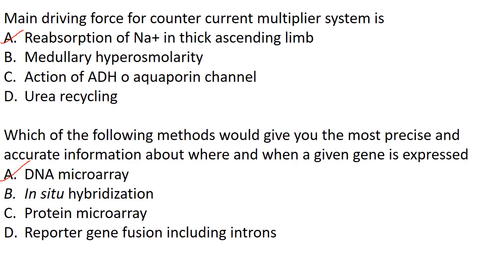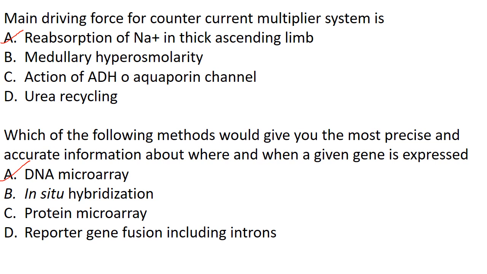Then next one. Main driving force for counter current multiplier system. Counter current multiplier system is a mechanism that allows for the production of concentrated urine. So it is reabsorption of Na plus in the thick ascending limb. Answer is option A. Then next one.